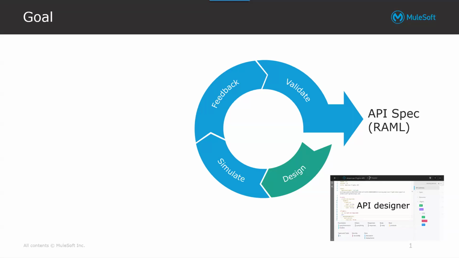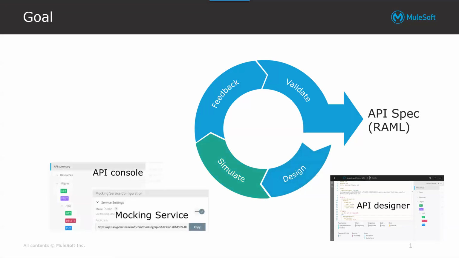So anyway, we will start off in reviewing details in Design Center. And this is all part of where we design out our specification and provide example data. And that example data is what the mocking service will use in the API console, even in Design Center.